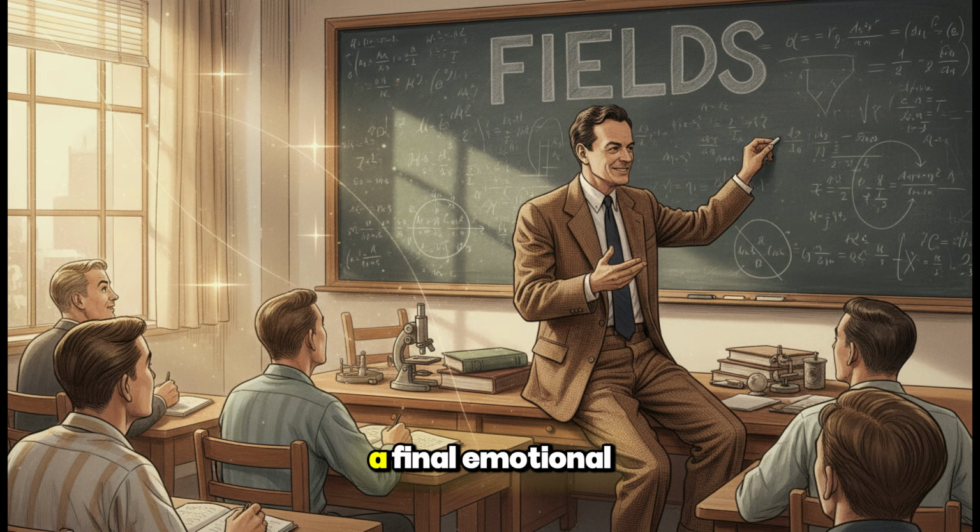Now let's address a final emotional issue. People hear all this and feel like physics is saying, the world is not real, it's just math. That's not quite right. Math is the language we use to describe the rules, but the success of the rules suggests there's a deep structure to reality that isn't obligated to match human intuition. Your intuition was built for survival on a certain scale: throwing, catching, running, climbing, judging distance, predicting arcs.